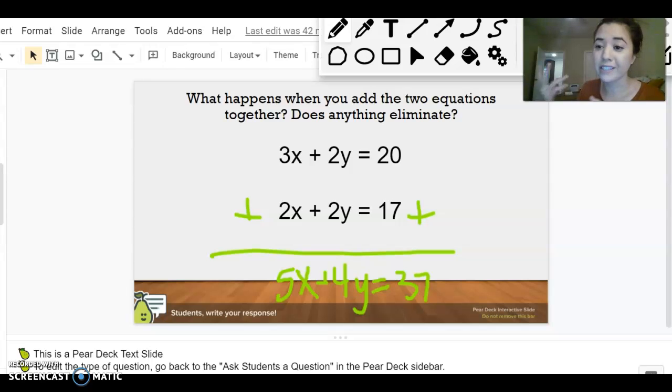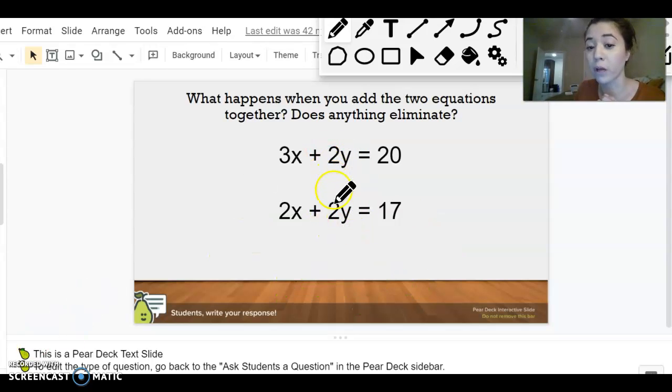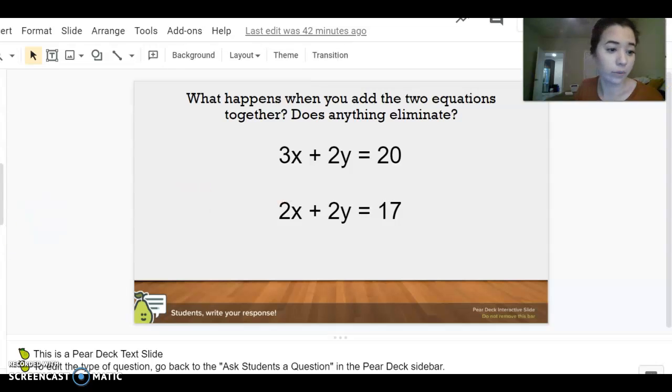That's because it's not that rule of being equal and opposite. Remember, to make them cross off and equal 0, they need to be the same number but also opposite, because +2 and then a -2 would then give us a big 0, and we could cross them off. But because these two are both +2, if you add them together, 2 plus 2 is 4. So that is an issue.